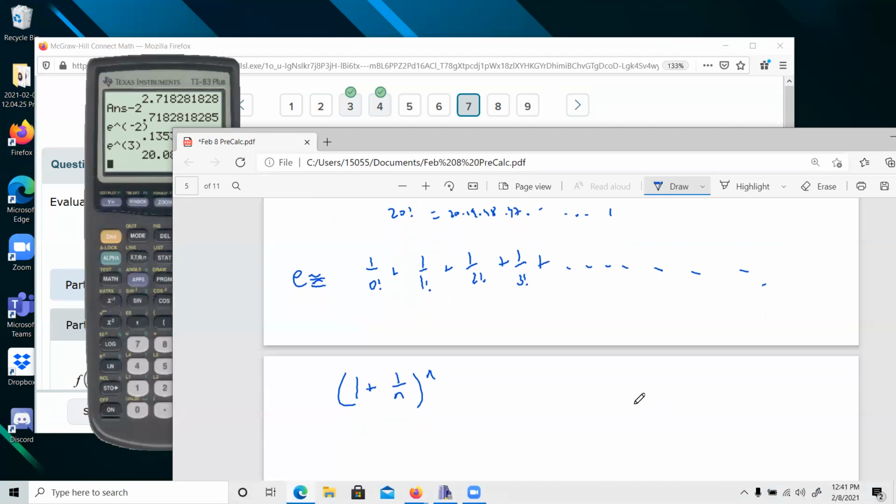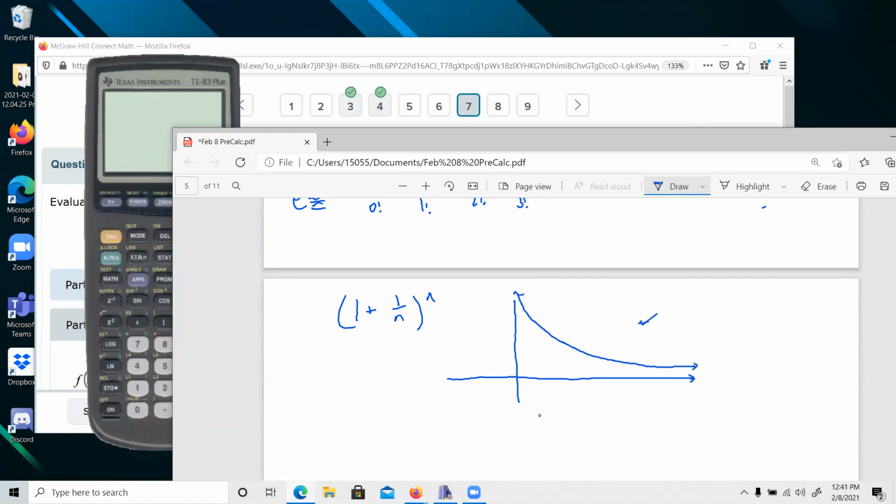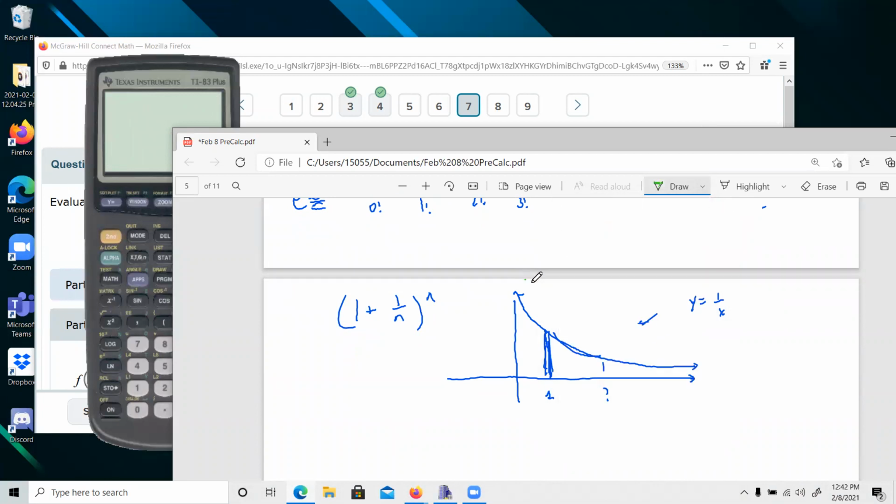When my teacher introduced it to us, he also taught us this one. You won't appreciate this until about halfway through calculus. Here's a function, y equals 1 over x. If I start at 1, going out to some value, I don't know, and I want to paint the side of this function, we'll paint it in green.